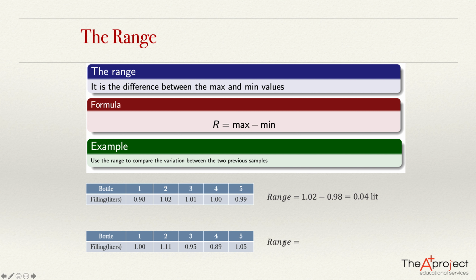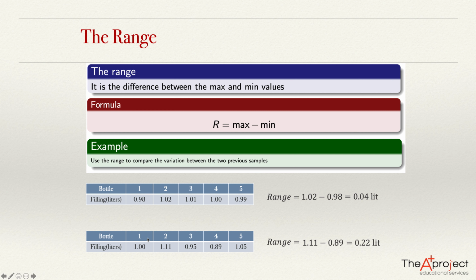So the range will be 1.11 minus 0.89, and that gives you 0.22 liters. The unit of the range, obviously, is the same unit that we were using for measuring the variable.